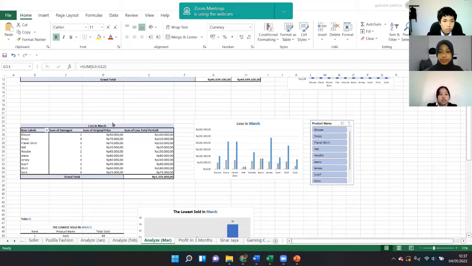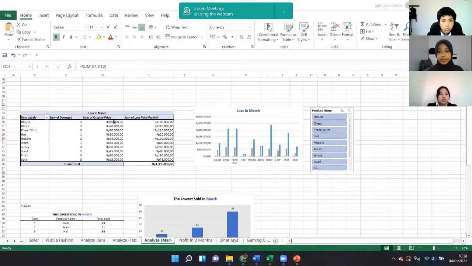Next is the pivot table of loss in March. There are 4 rows. The first is product name, sum of damage, sum of original price, and sum of loss total per unit. And the grand total is 1,335,000 rupiah.